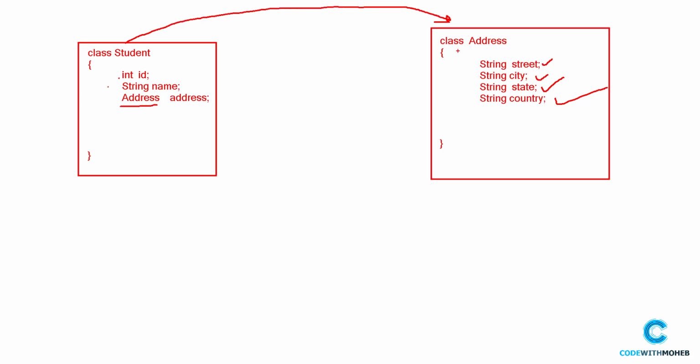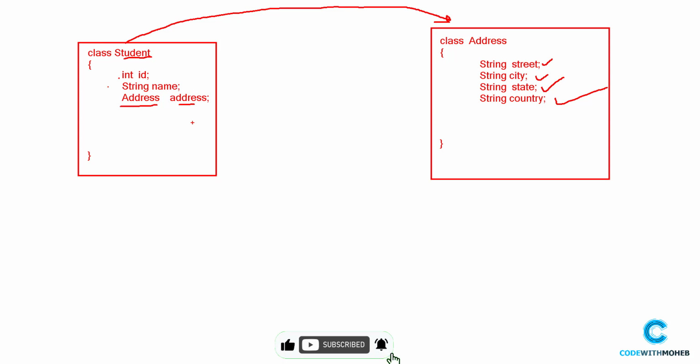This means that first the IOC container must inject the values into street, city, state, and country, and then these values will later be injected into the Student class like the address variable.